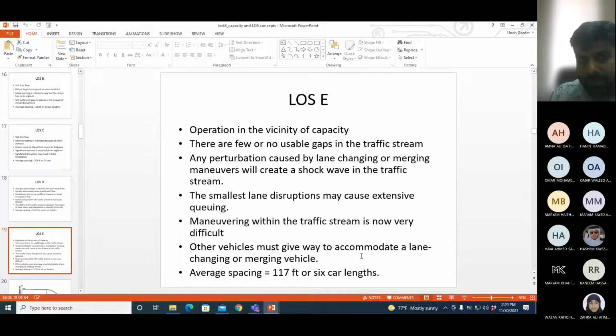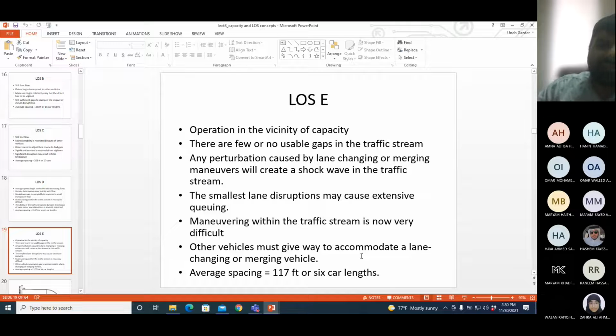You go half in the other lane, so the other driver cannot pass you, and then you wave your hand, saying, now let me pass. And obviously then that poor guy has to let you pass. When you are forced to do it, that condition is level of service E.